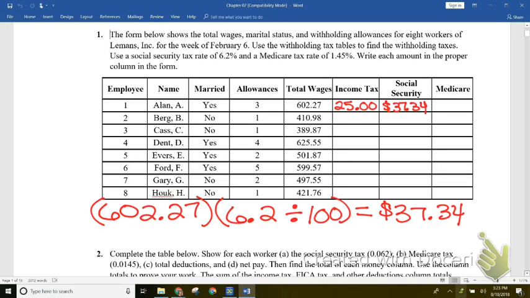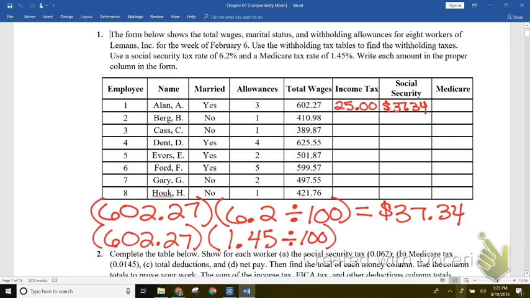And then similarly, his Medicare is 1.45%. So we take his earnings and we multiply by 1.45%. Remember, percent literally means divide by 100.